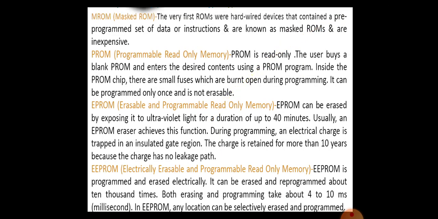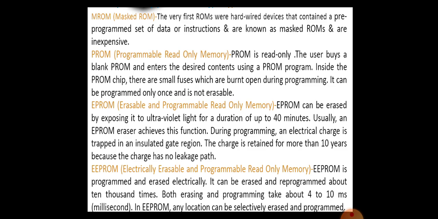Coming to the classifications of ROM. ROM means read-only memory. We have the classifications MROM, PROM, EPROM and EEPROM. MROM is normally a regular ROM. The very first ROMs were hardwired devices that contained a pre-programmed set of data and instructions, and they are inexpensive also.